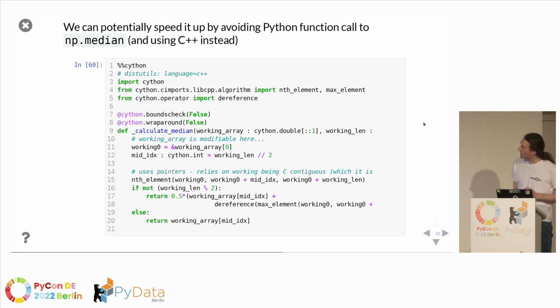So now we're unpacking the array into a memory view again, use the address of that and pass that into the nth_element C++ function. Again, it looks totally like Python code, well, at least from here on, except that it's working on C data and using a C++ function in order to do the calculation.